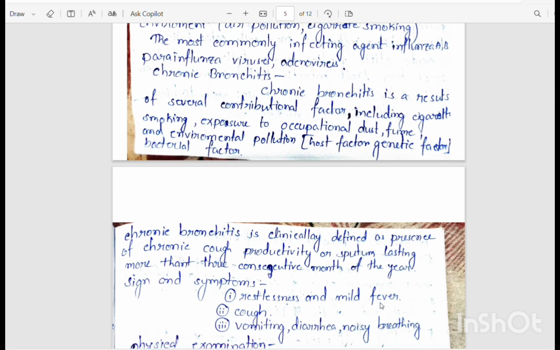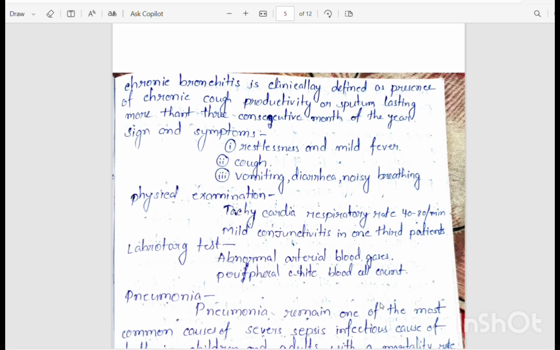Now we can see chronic bronchitis is clinically defined as the presence of chronic productive cough. The symptoms of chronic bronchitis are a cough that persists for a long time and sputum lasting more than 3 consecutive months of the year, for more than 1 year or 2 years maybe.